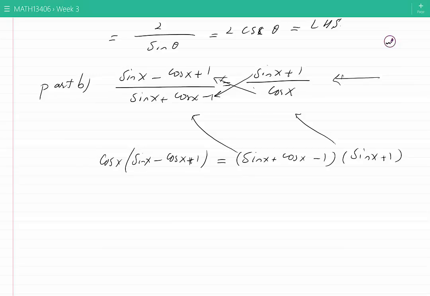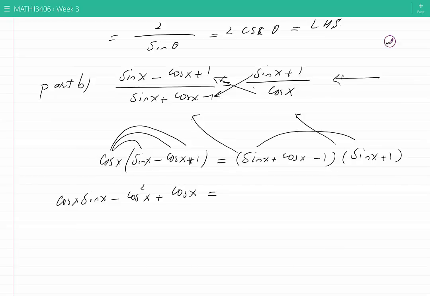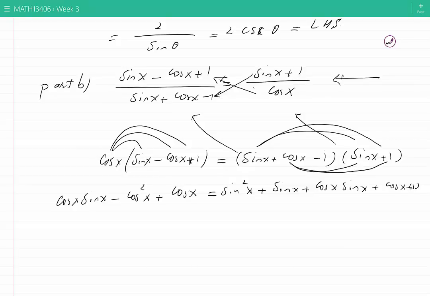I would get cos x sin x − cos squared of x plus cos x, so I am distributing cos x into the terms, is equal to sin x times sin x, which is sin squared of x, sin x times 1, which is sin x, cos x times sin x, and then cos x times 1, and then minus 1 times sin x, and then minus 1 times 1, which is a minus 1.